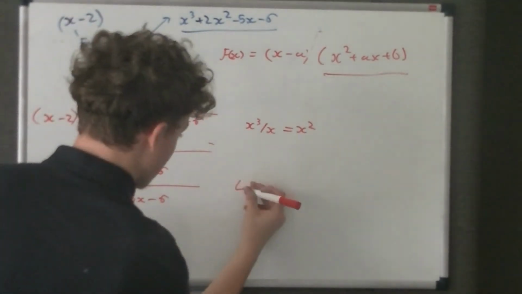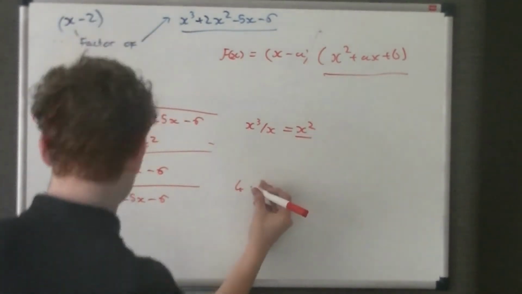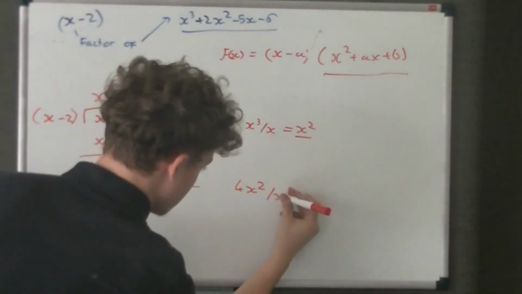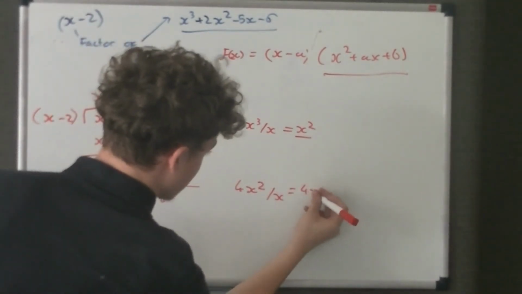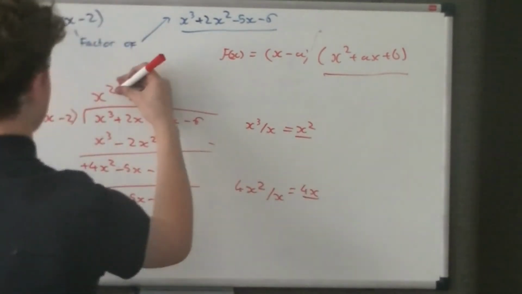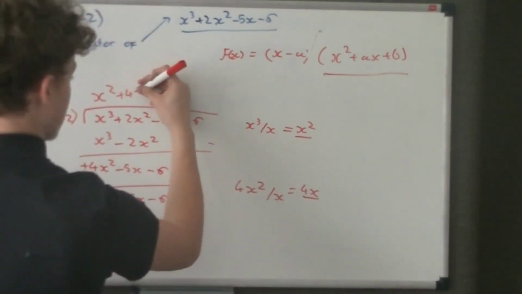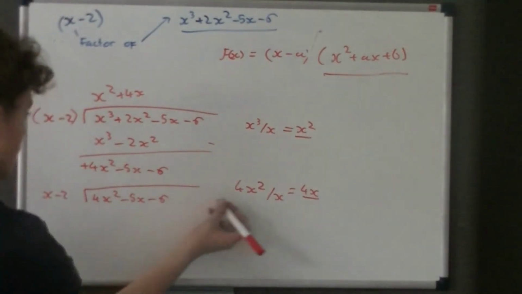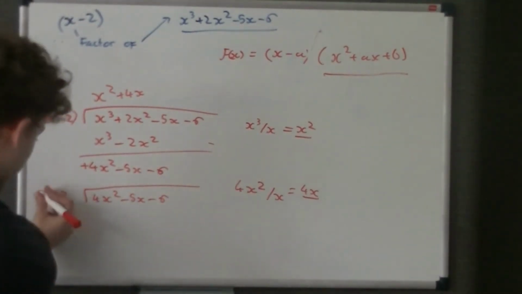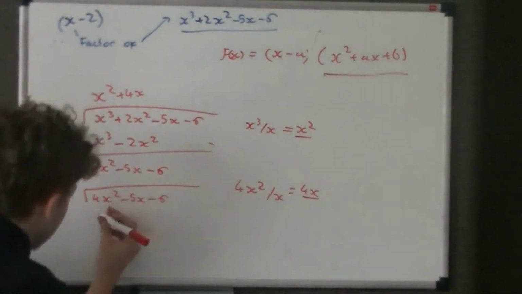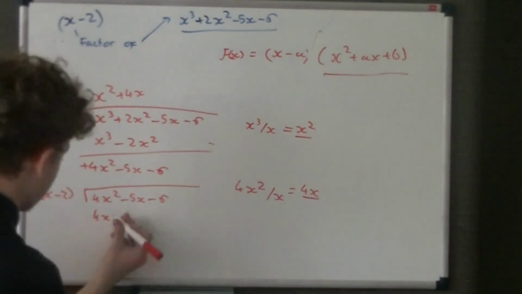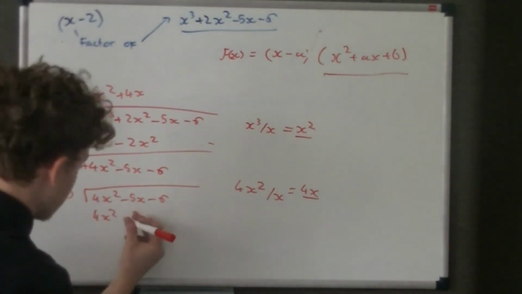That's the first part of the quotient. 4x squared over x gets us 4x, so that's the next part of the quotient. You put it in, 4x, and then we times this by 4x, so 4x squared, 4x times minus 2 is take 8x.